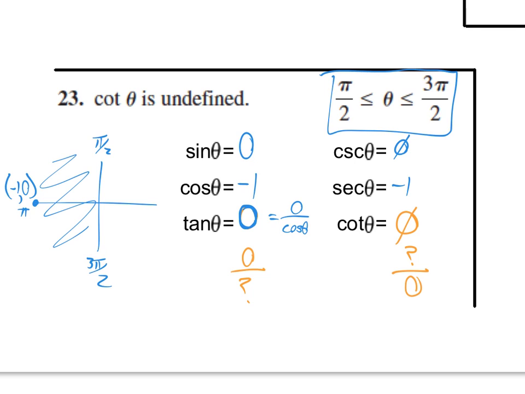Why did we choose tangent first? How do we know tangent is 0? Because the thing that makes it undefined is that we're dividing by 0. So we've got some fraction with 0 in the denominator. If we flip it, the 0 will be in the numerator, and that makes it equal 0.